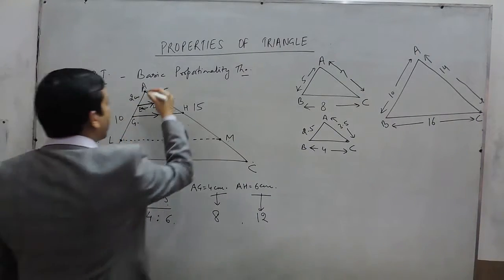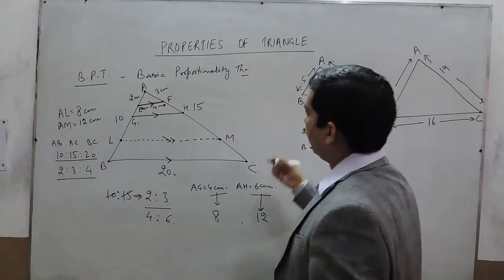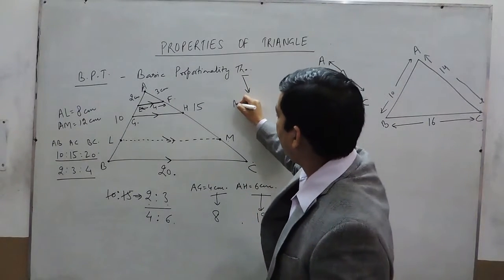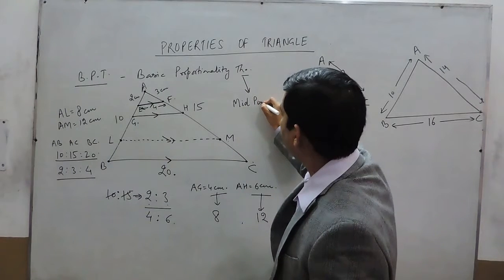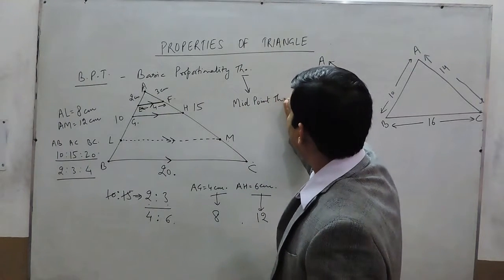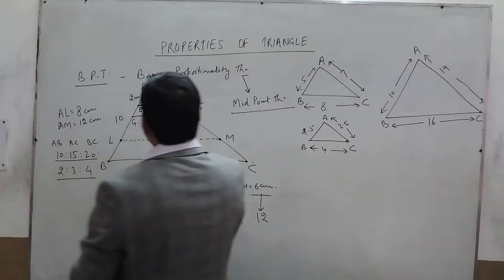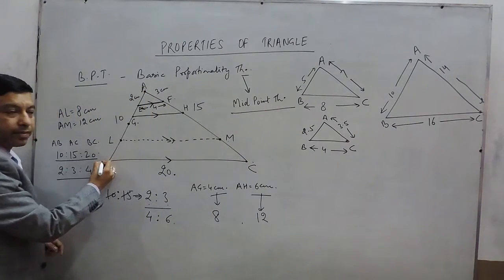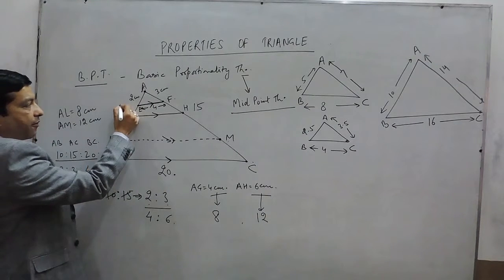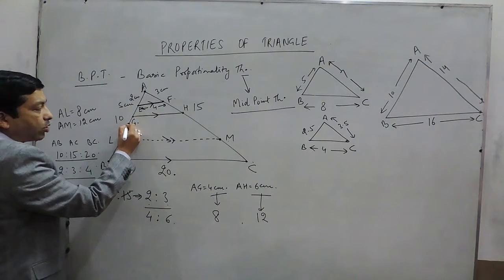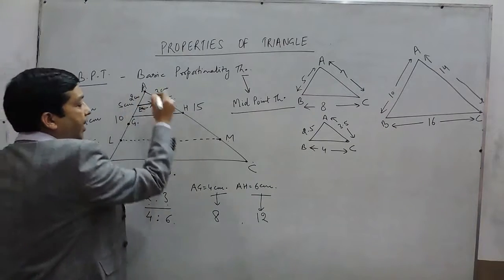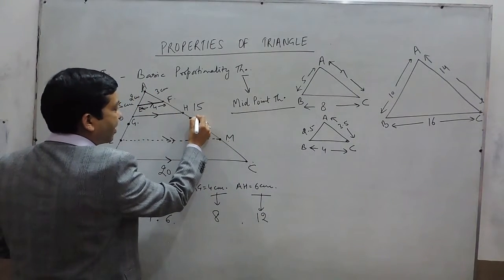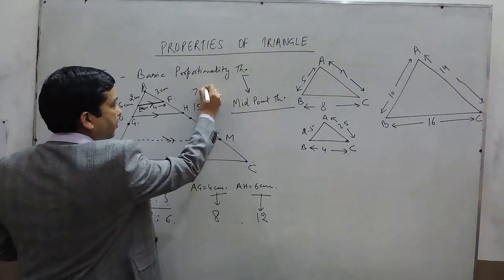So this is known as the basic proportionality theorem, and a particular case of this theorem is known as the midpoint theorem. Here the length is 10 centimeters, and if I put a point at 5 centimeters, that is the half point. On the 15 centimeter side, we put a point at 7.5 centimeters.